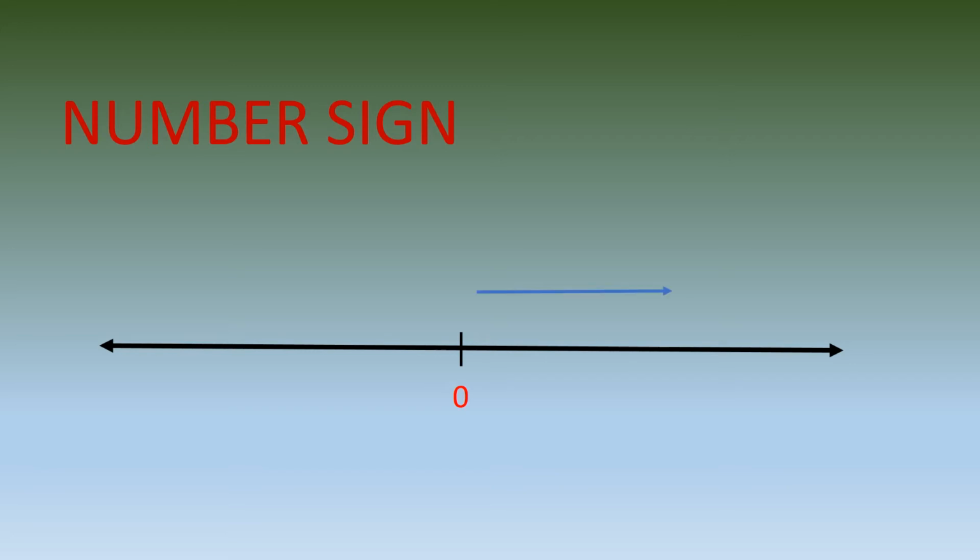And to the right of 0 are positive numbers. Numbers having a positive sign. What are these numbers? So we have 1, 2, 3, and so on. We can have 100 and so on until positive infinity.